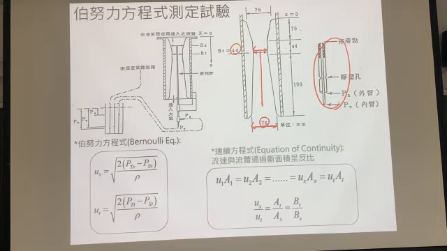At different locations, we have different pressures, and you can observe them in here. Based on the equation, the pressure difference times 2 divided by the liquid density, we know exactly the velocities at the different locations. Okay, so this is our experiment. The idea is just to follow Bernoulli's.